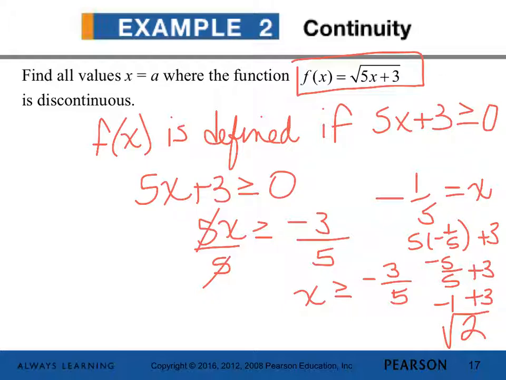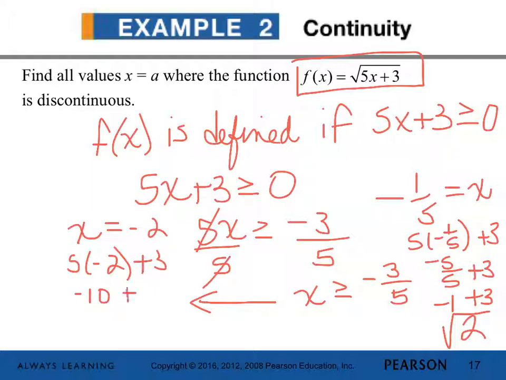But let's suppose we pick a number on the other side of negative 3/5. Like, for example, negative 2. Let's let x be negative 2. If x is negative 2, then 5 times negative 2 plus 3 is negative 10 plus 3, which is negative 7. Can you take the square root of negative 7?